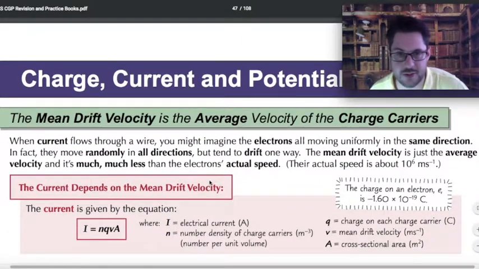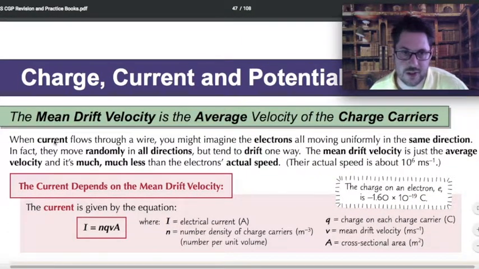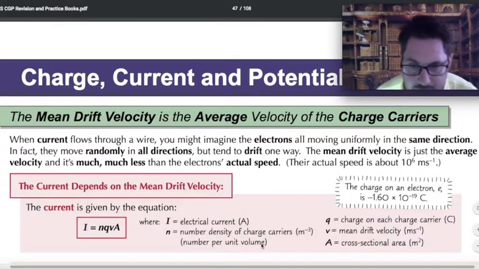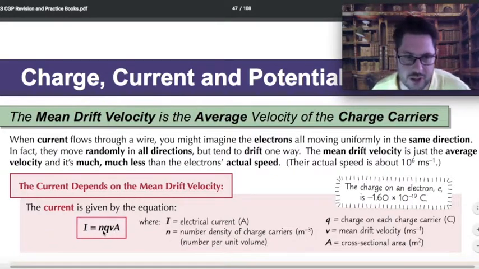The next equation that we need to note in this section is I equals, and I like to remember it as NAvQ. They've put NQVA here, where I is the current in amps, N is the number of charge carriers per meters cubed.